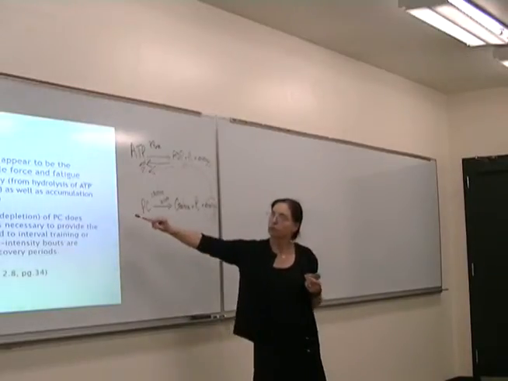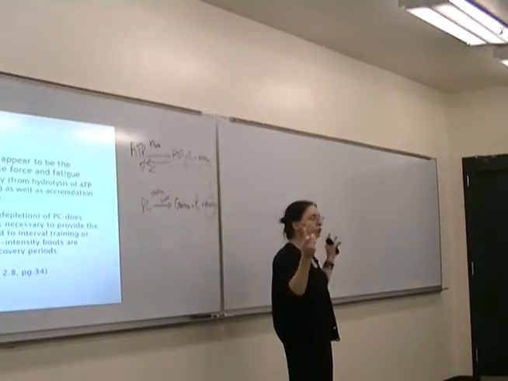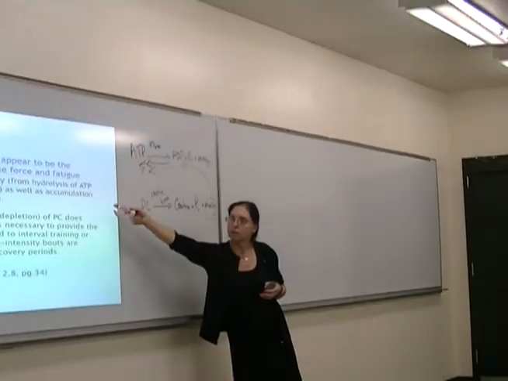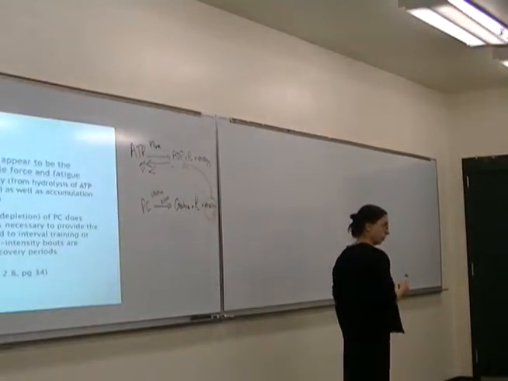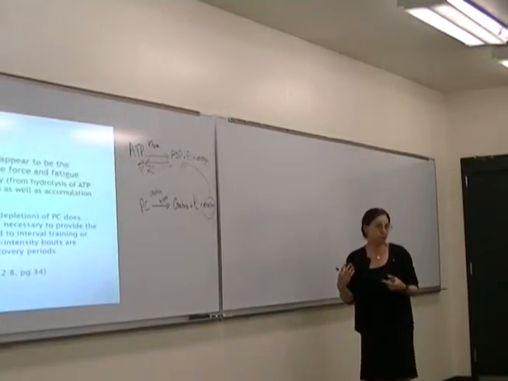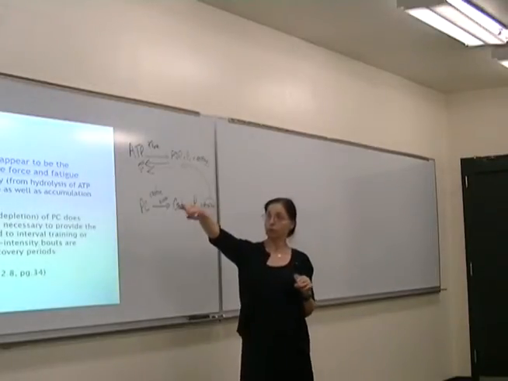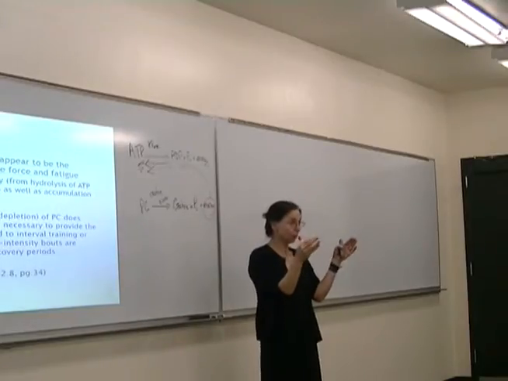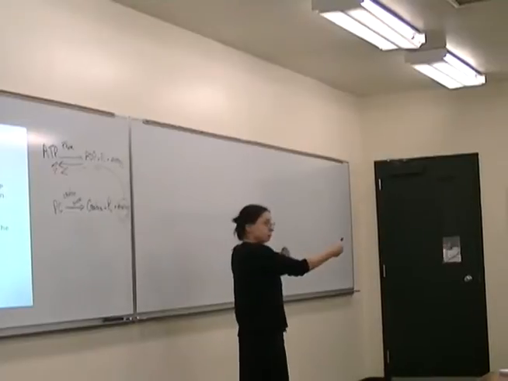So, probably, when we're looking at force fatigue issues in sprinters, it's probably going to be because of these inorganic phosphates and the hydrogen ions. That's relatively new that we're finding this out, because a lot of people assume that because the amount of ATP and PC that's stored in the muscle is so small that you just run out of that at 25 seconds.